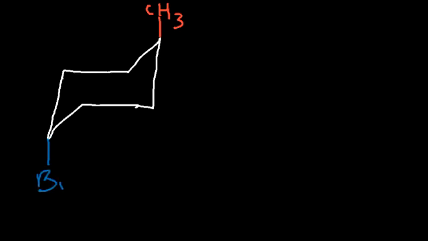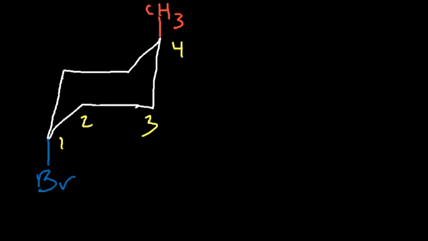Now say if you have the chair conformation of cyclohexane, and we have a methyl and a bromine atom. How would you name this compound? So let's start with the BR. This is carbon 1, 2, 3, 4. Now is it cis or trans?